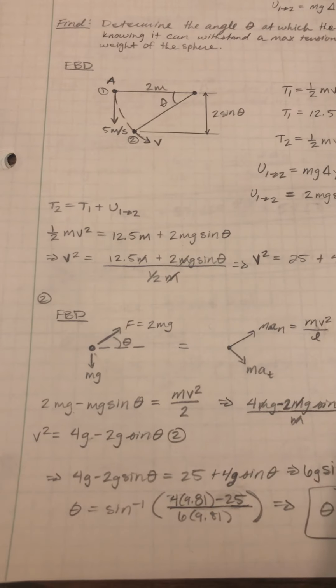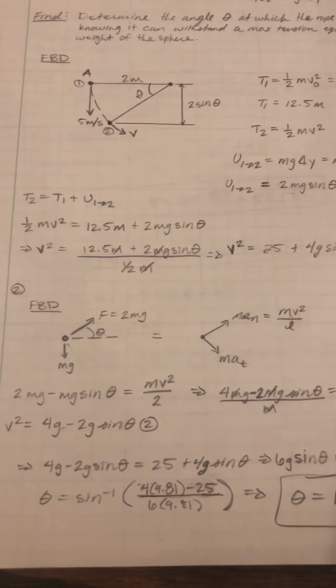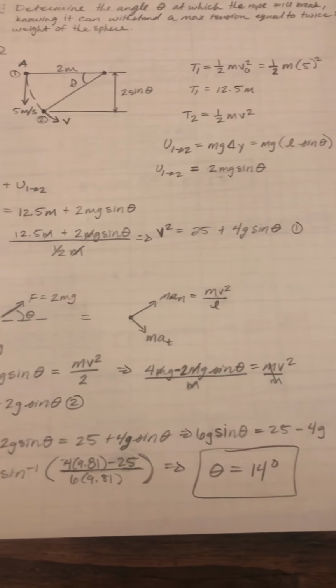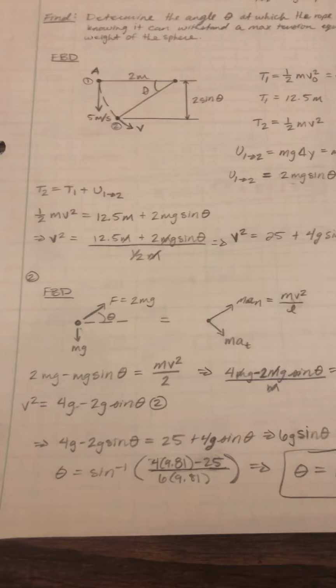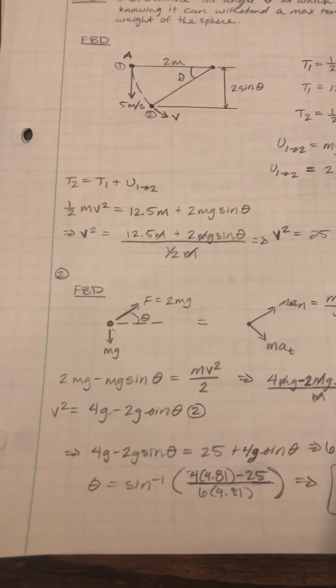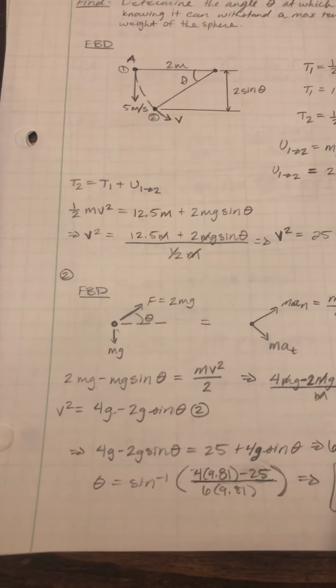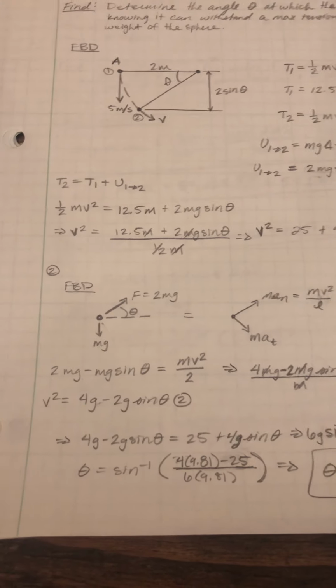And again, putting in the values that we know and manipulating it in such a way to find a second velocity squared function, we find that our second one is v squared is equal to 4g minus 2g sine theta.